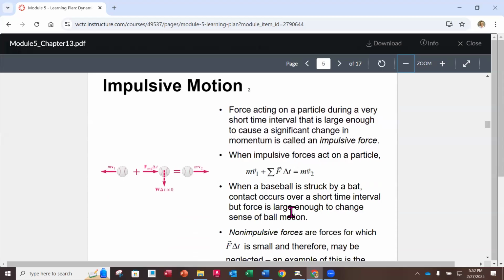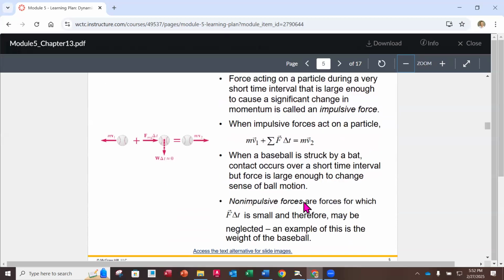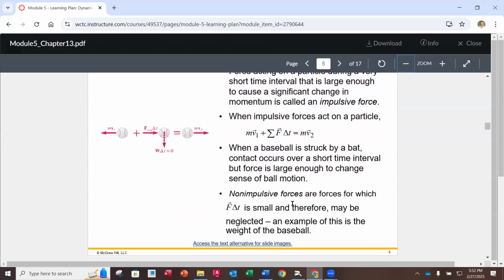Now, let's look at impulsive motion. So impulsive motion, and impulsive forces that are on a particle, are going to cause impulsive motion. Now, I think it's easier to talk about non-impulsive forces first. A non-impulsive force is going to be a force on a body that is not going to affect the momentum.